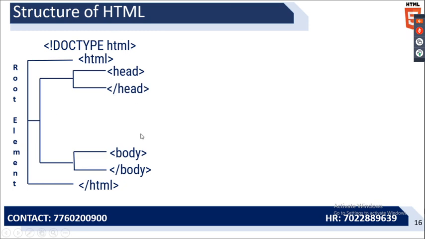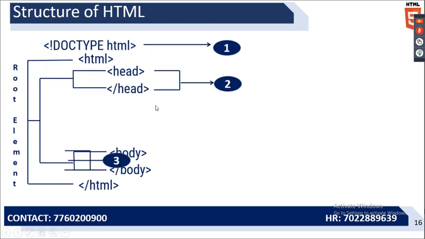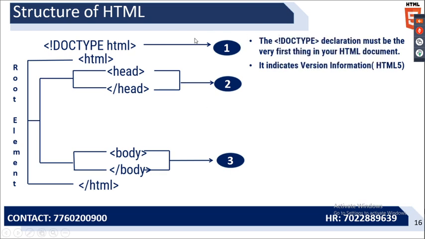So this structure is divided into three sections, guys. What are the three sections? One is doctype, second is the head section, third is the body section. Why do we use doctype html? This is used to tell the browser that the document belongs to the HTML5 version.